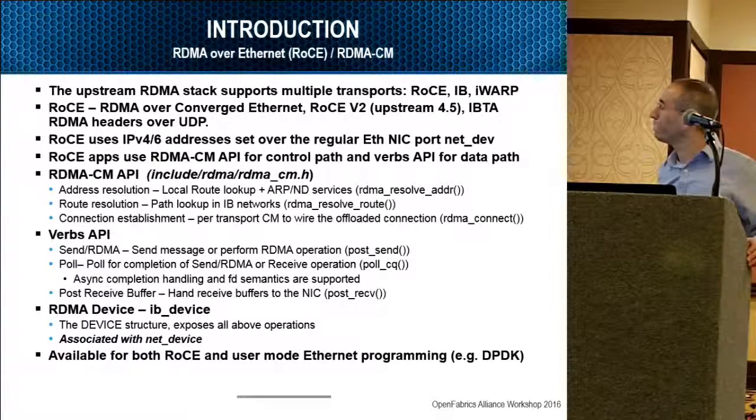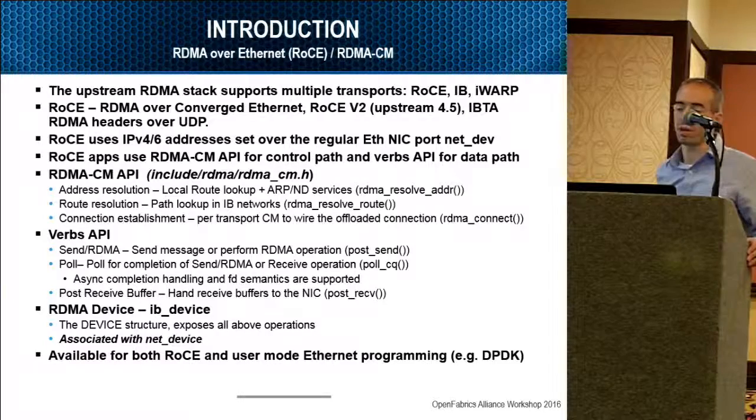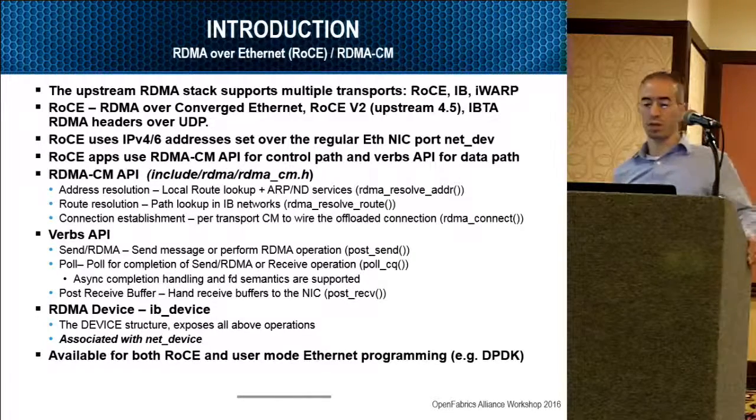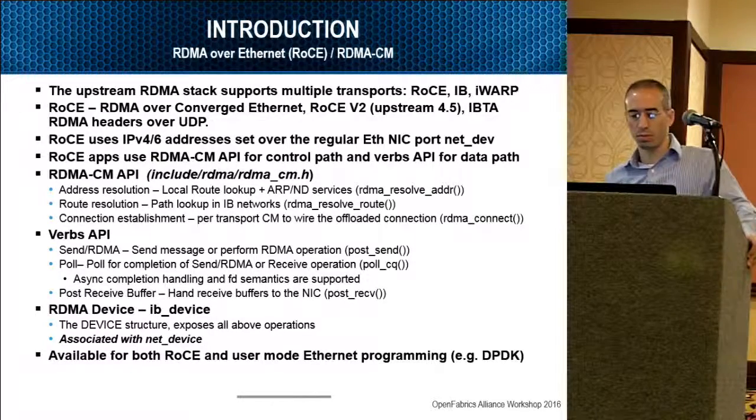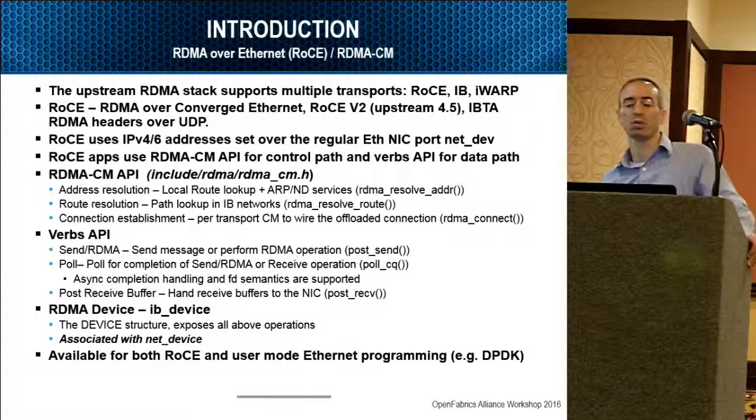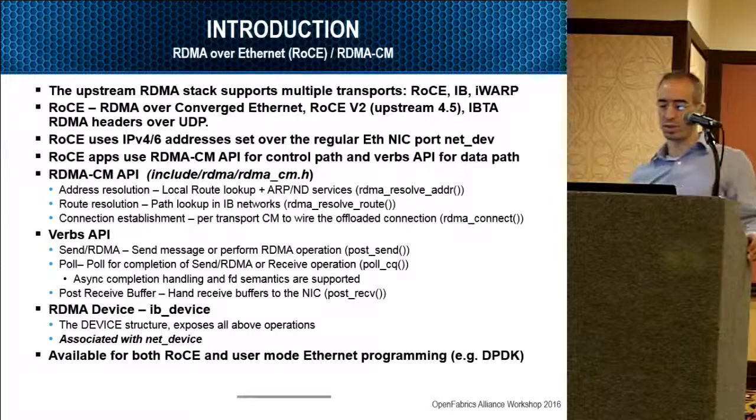Rocky basically defines how you encapsulate RDMA InfiniBand headers on top of UDP. In Rocky, we basically use IPv4 or IPv6. We support both. And we use basically the addresses that were assigned to the network OS stack interface. So those are basically the IP addresses of the Linux NetDev.